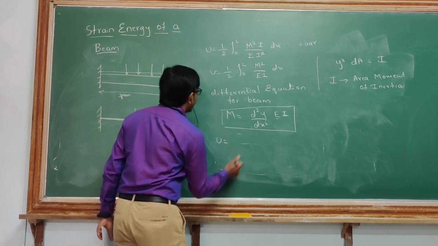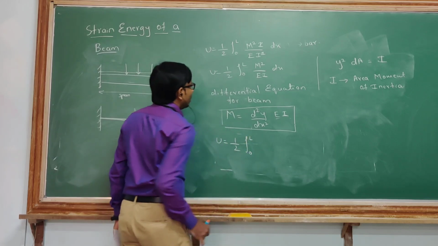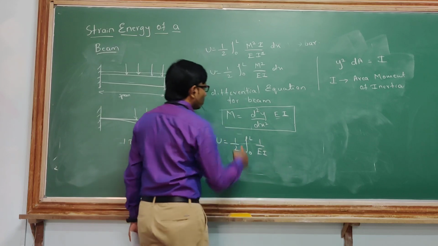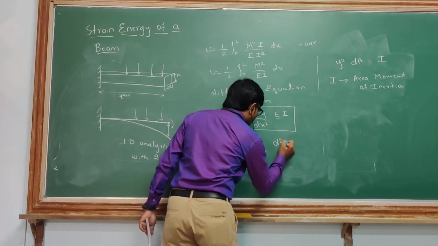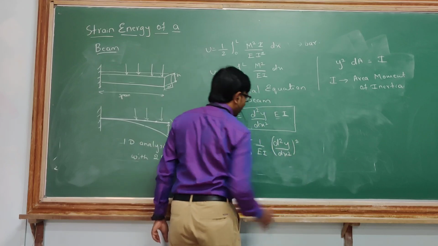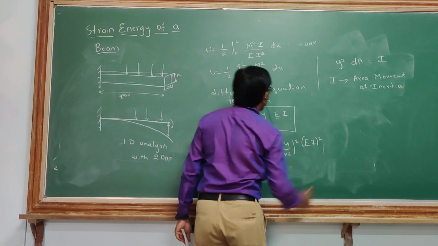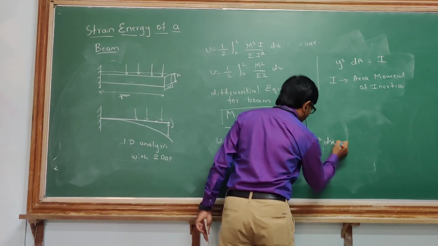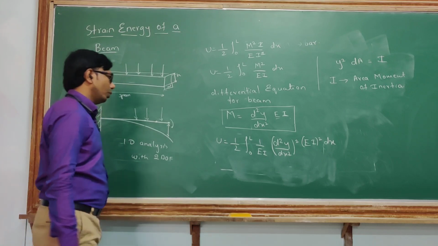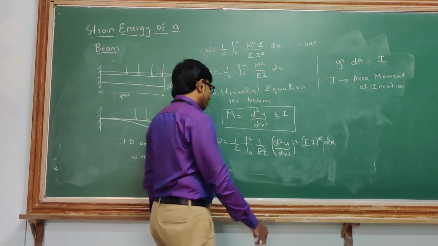So what you will end up with is half into integration 0 to L. I will keep 1 by EI as it is. M square will be d square y by dx square the whole square into EI the whole square into dx. So EI square just cancels out.